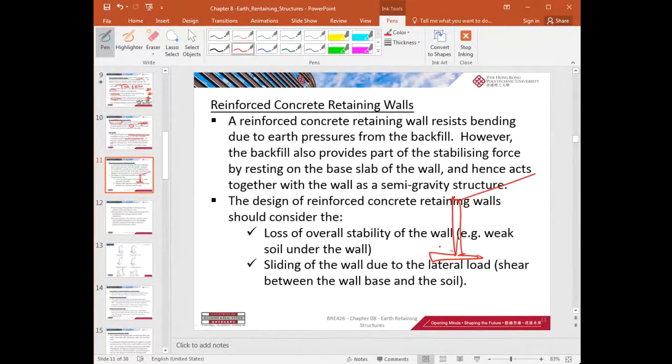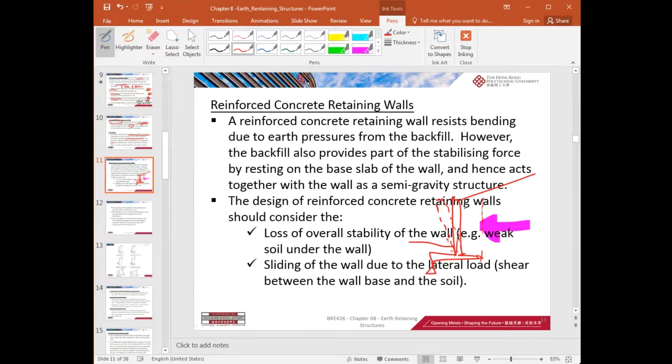So if you take the moment about that point, if it's under a very heavy horizontal force, it tries to turn over, or overturn, right?